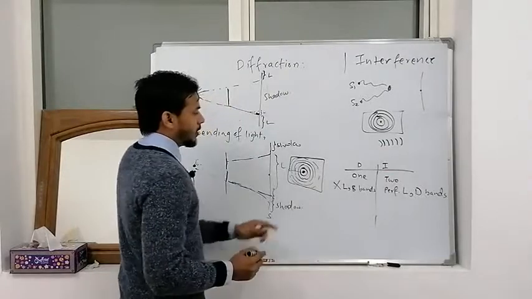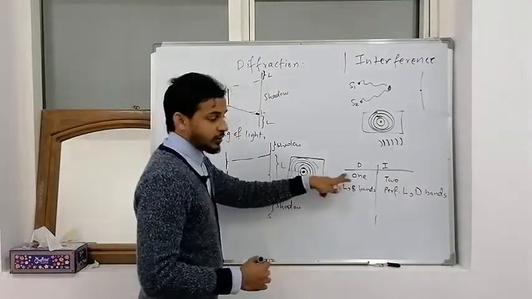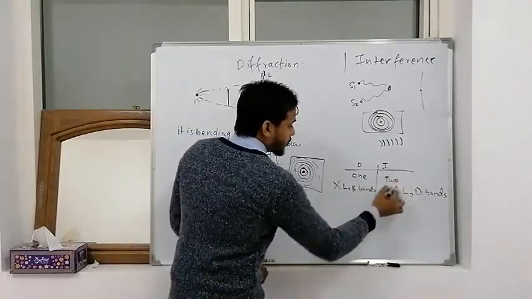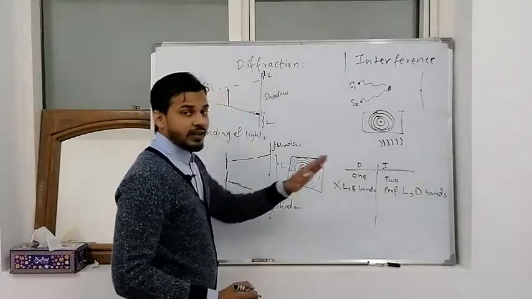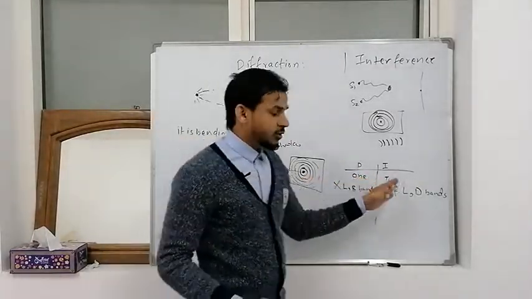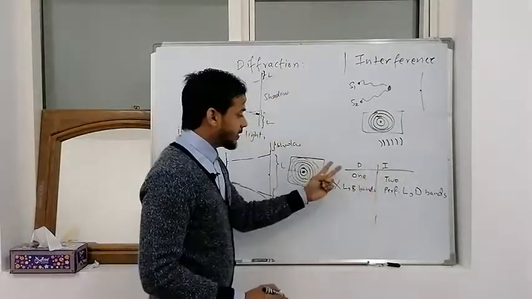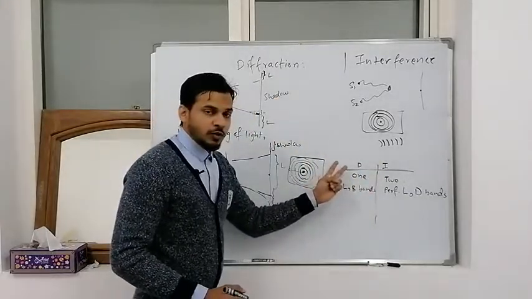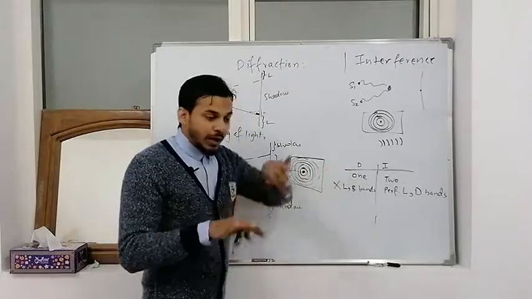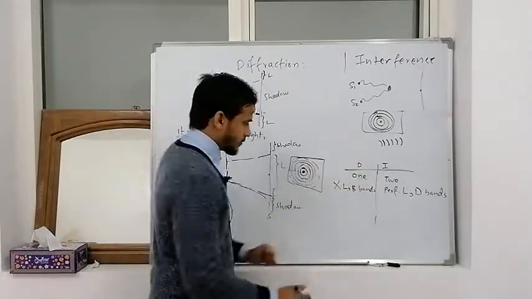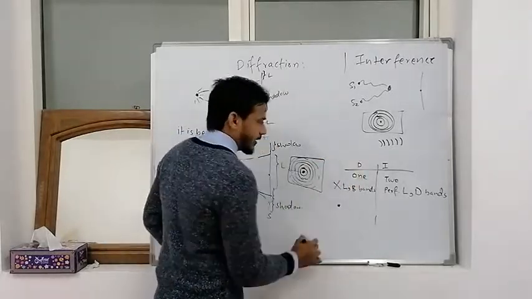So the pattern in interference is formed because of two sources, and here the pattern is formed because of two parts of one source of light. The difference is like that.